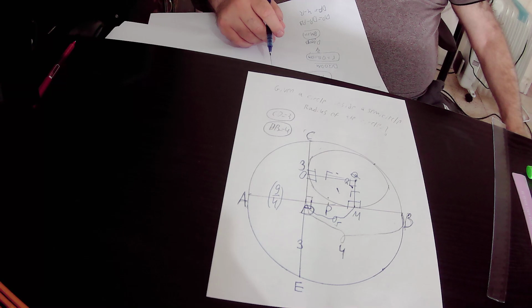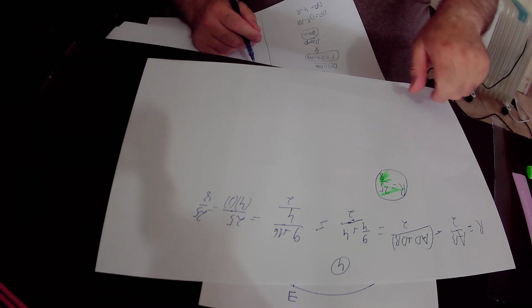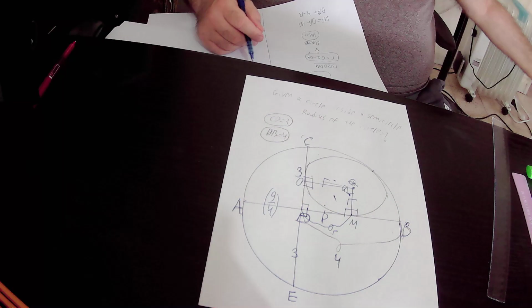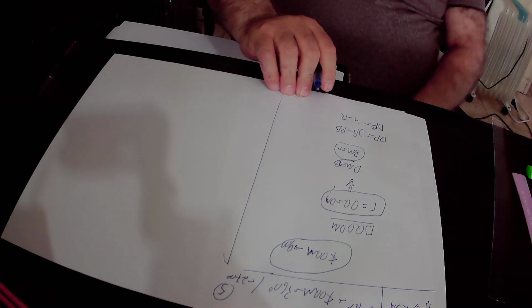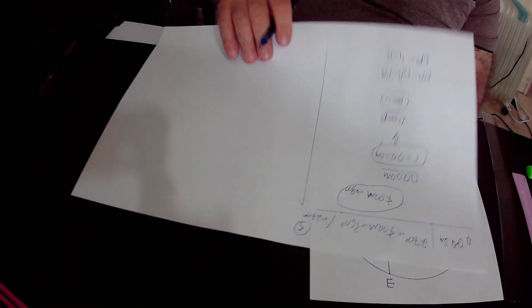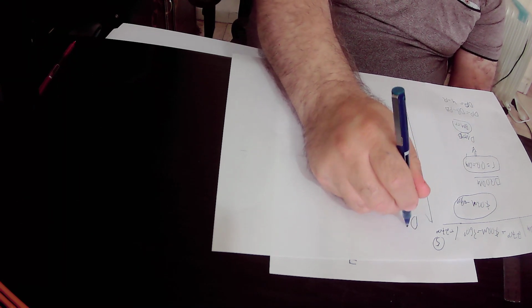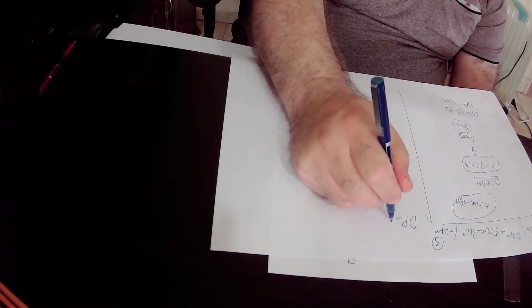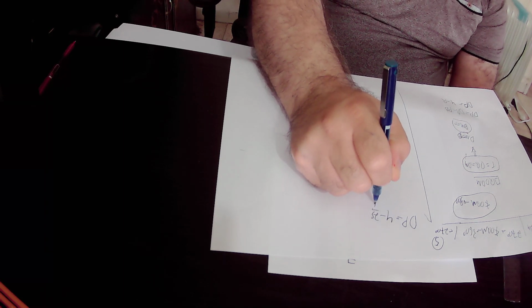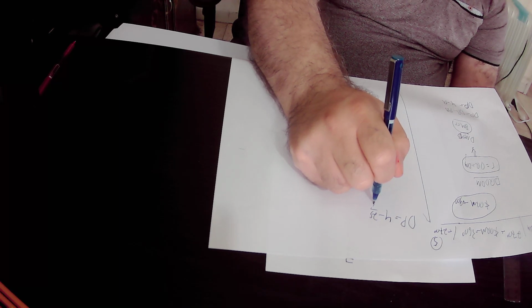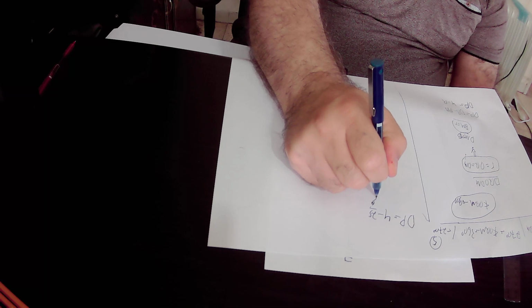but we already found out that R equals 25 over 8, so we substitute R by 25 over 8. So dP will be equal to 4 minus 25 over 8.